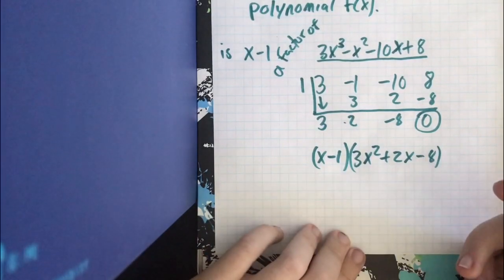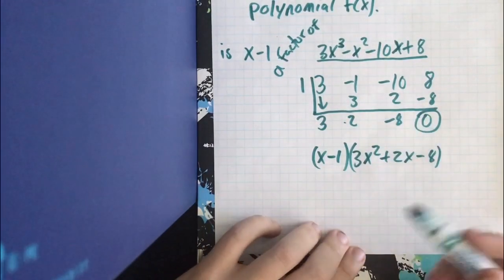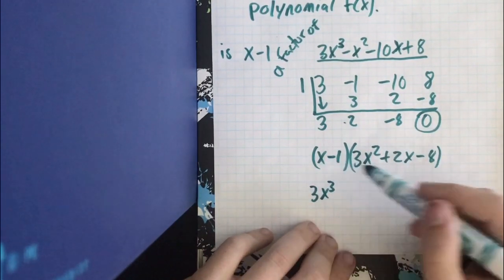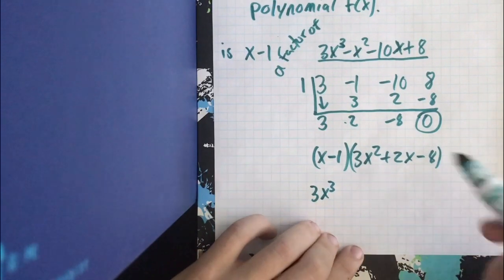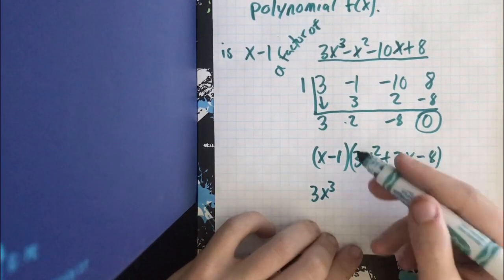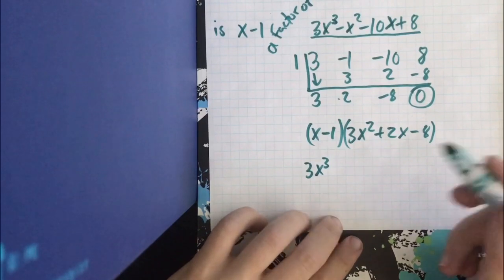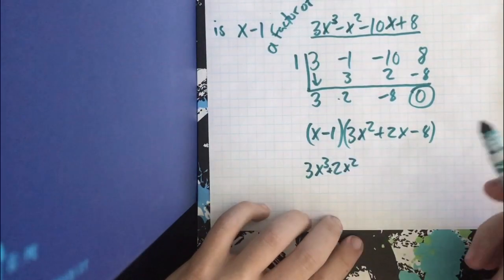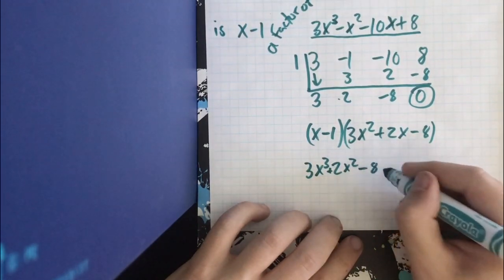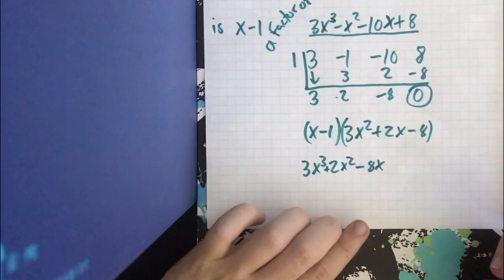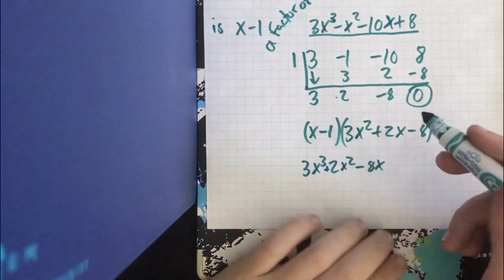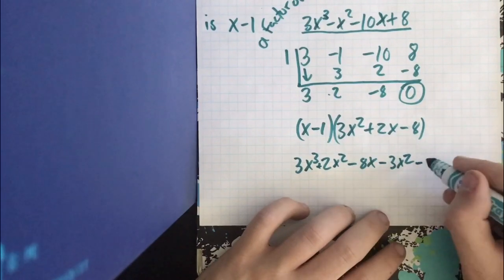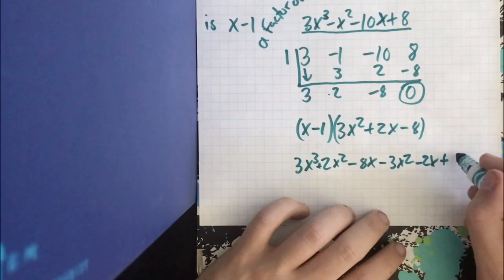If you multiply them back together, just to double check that this works, you get 3x cubed, right? x times 3x squared. You multiply x times 2x, which is plus 2x squared. x times negative 8, minus 8x. And then you get negative 1 times 3x squared, negative 3x squared, negative 2x, plus 8.